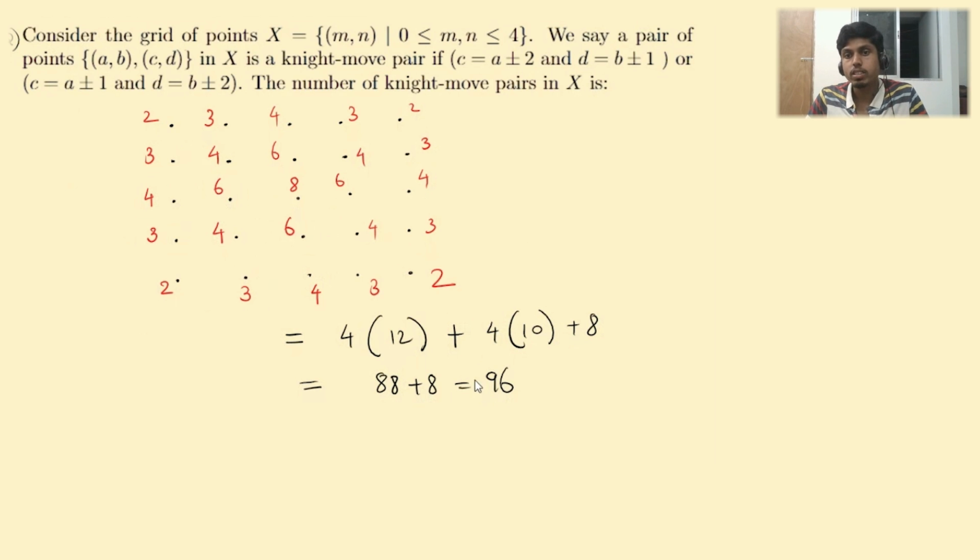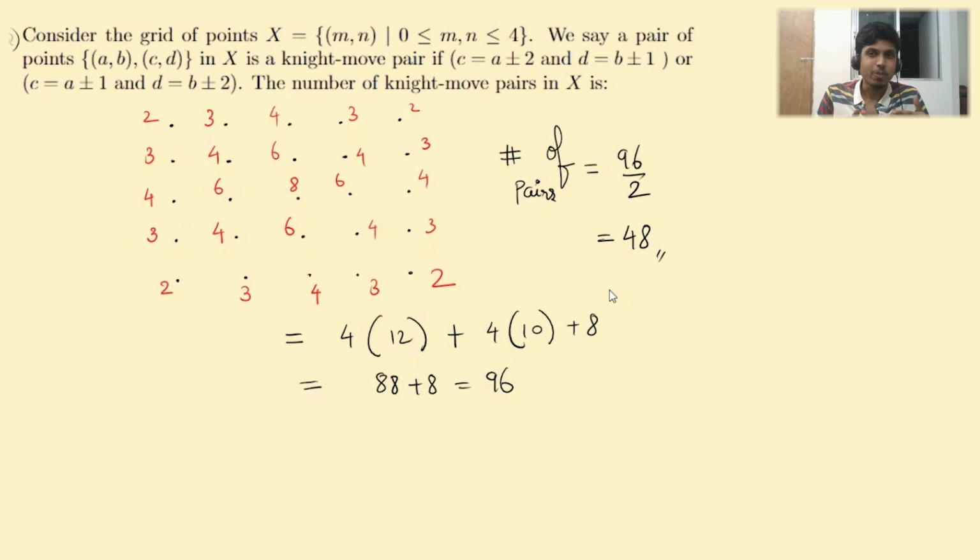And since each pair is counted twice, the final answer should be half of 96, which is 48. So hence, we overcounted and we accounted for that. So sometimes thinking in the wrong sense and going in the right direction will give you the solution.